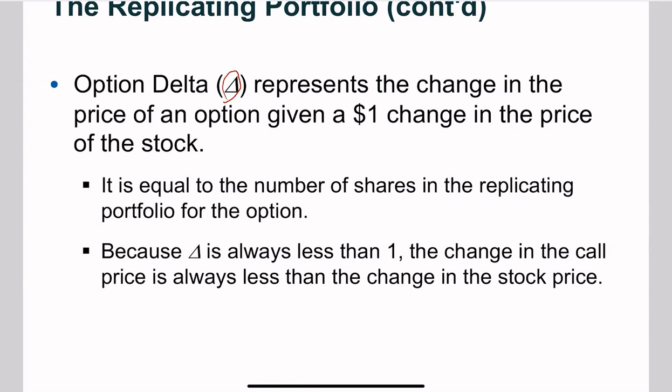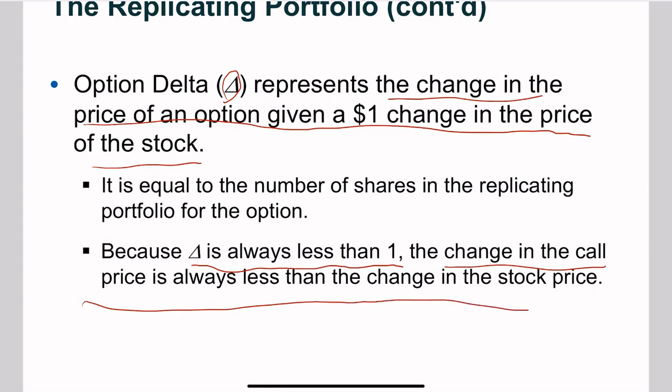Because one way to explain delta is that it tells us the change in the price of the option given a $1 change in the share price. Now because delta is less than 1, the change in the call price is less than the change in the stock price. So the change in the price of the option is actually slower compared with the change in the stock price.